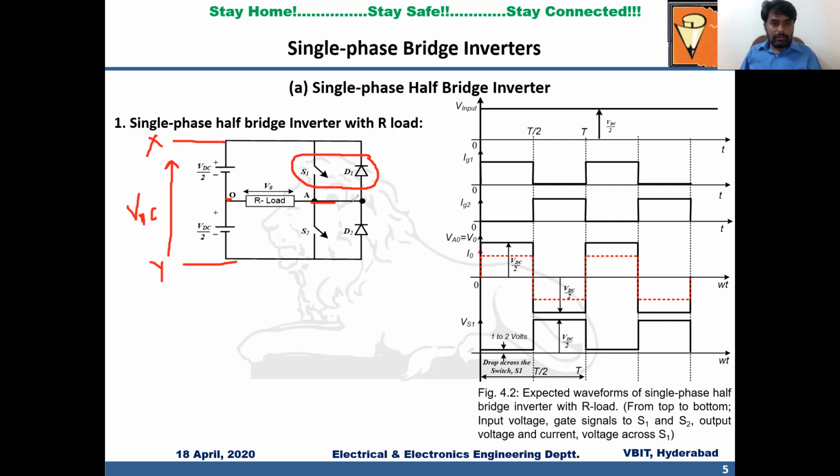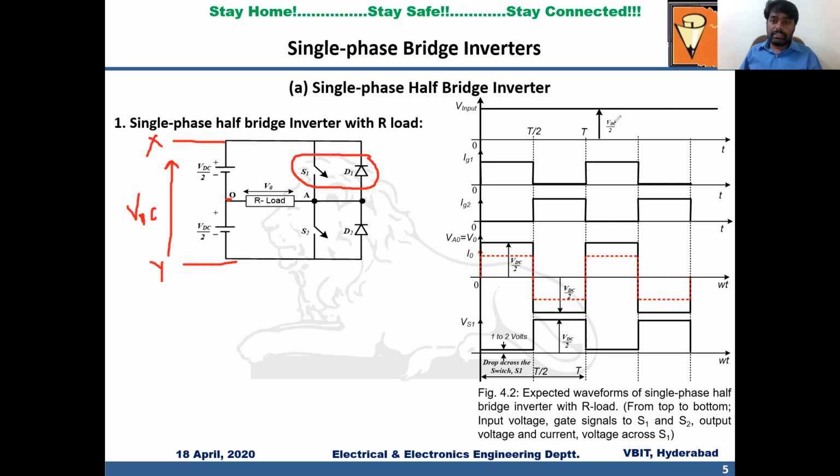And between this common point and the center point of this battery, you can connect a load. Now the load is a resistive load. In case of a resistive load, the output current and the output voltage should be in phase. That is what we have discussed in rectifiers and choppers.